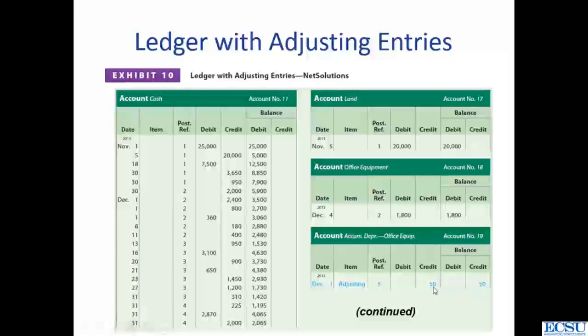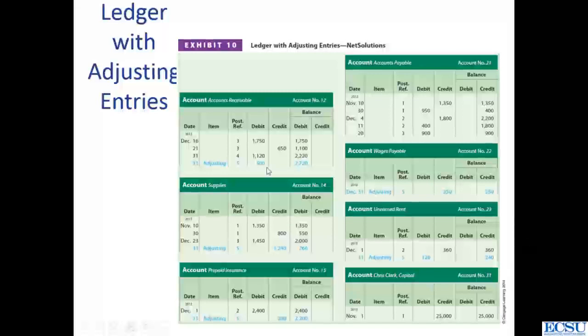Accumulated depreciation was credited, right, in the credit column and carry the balance. Here also you can see accounts receivable was involved in the adjusting entry, and then we are writing adjusting in the item column and then doing debit. And since it is a debit balance account, I'm increasing the balance. So this is how I will be posting those journal entries into the ledger.